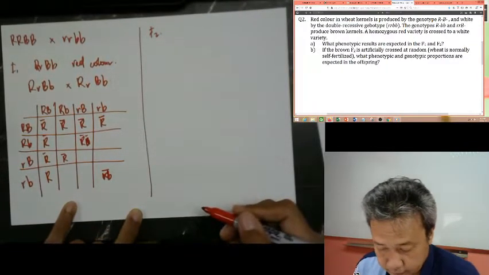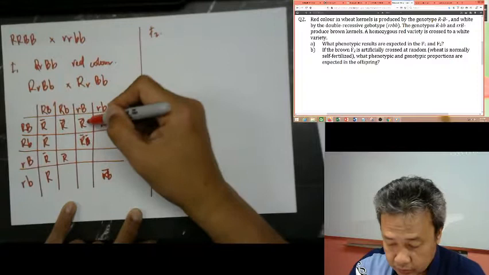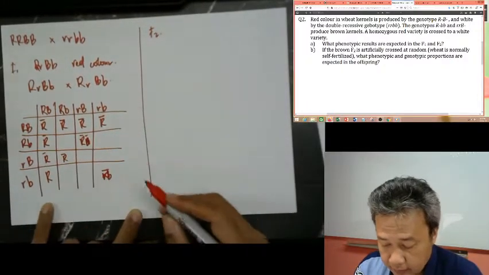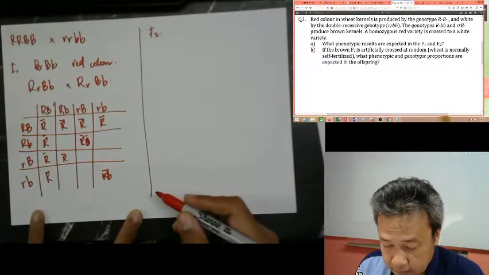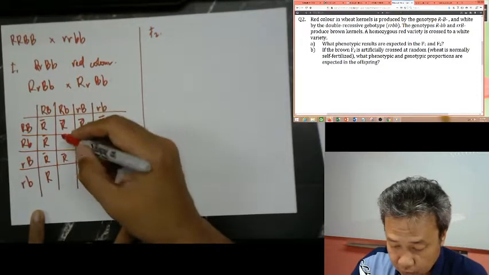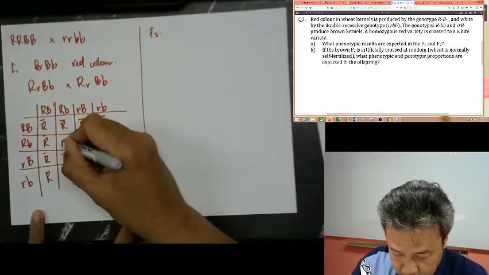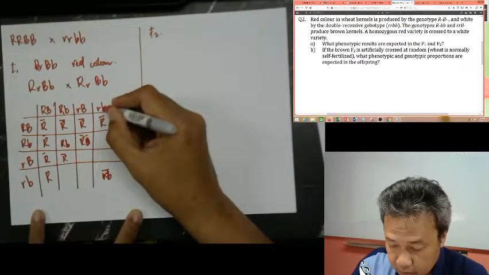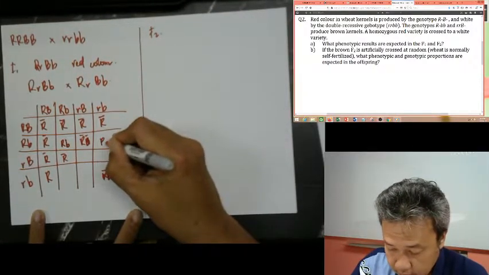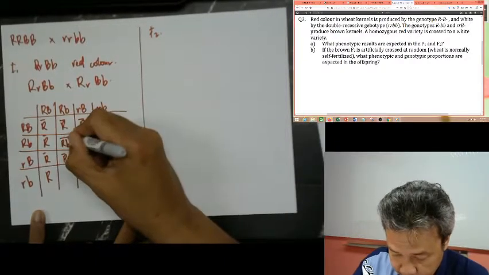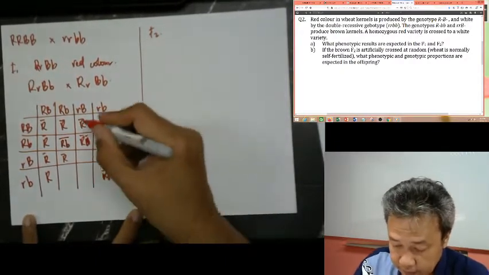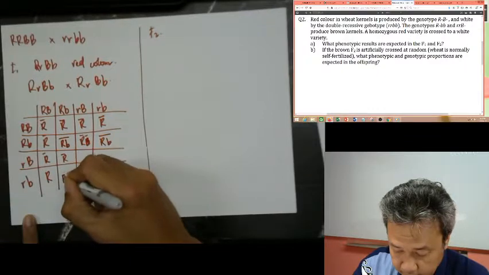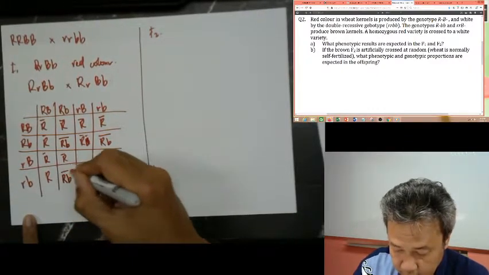Okay, so you have 1, 2, 3, 4, 5, 6, 7, 8, 9, and then this one is big R and small b, so this one is big R and small b. This one is also big R and small b. This is brown, yeah. This one is big R and small b.